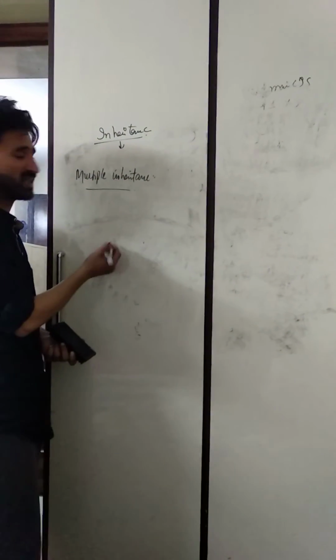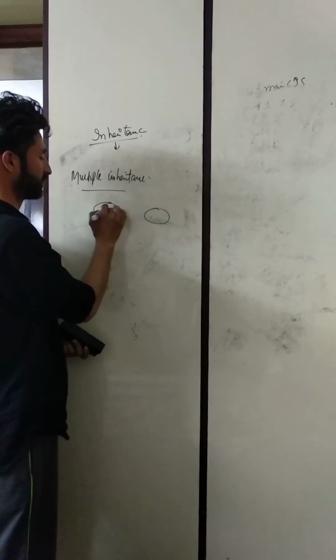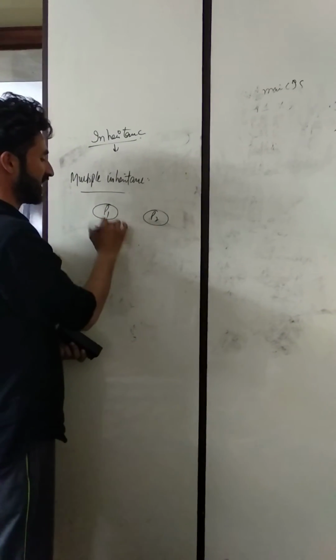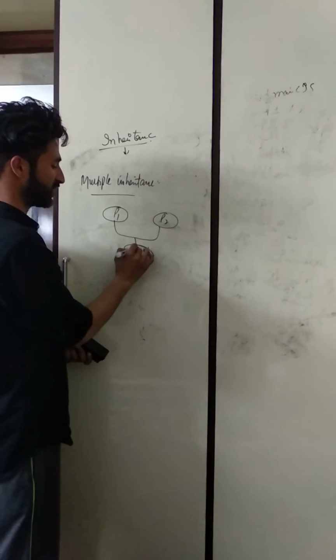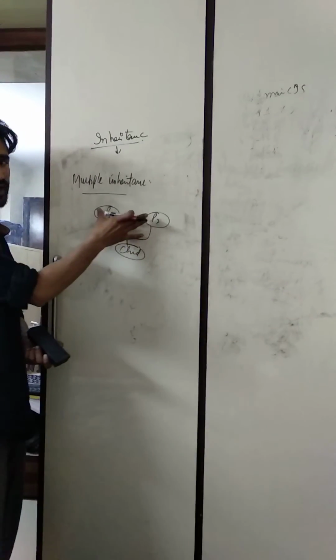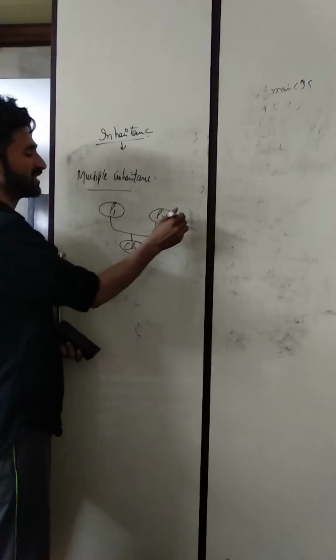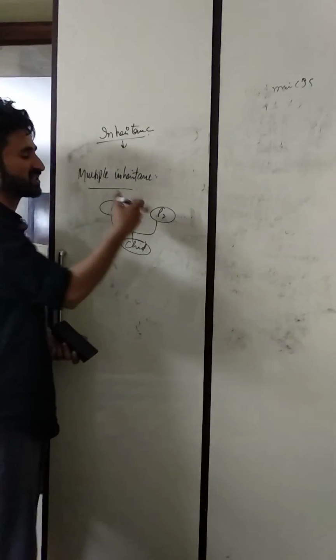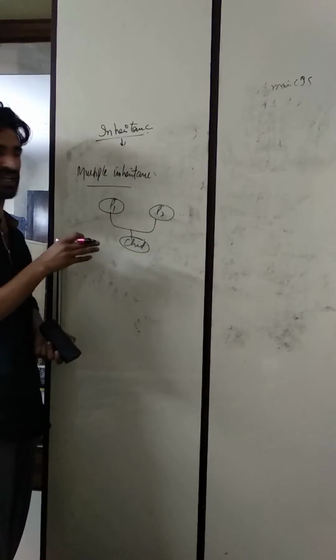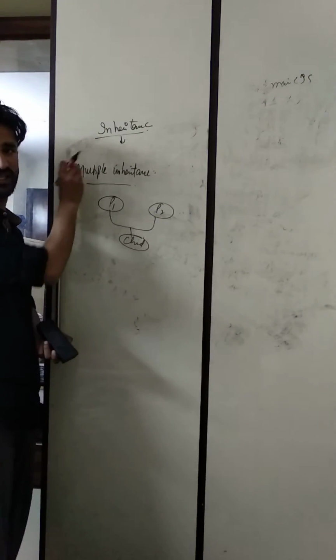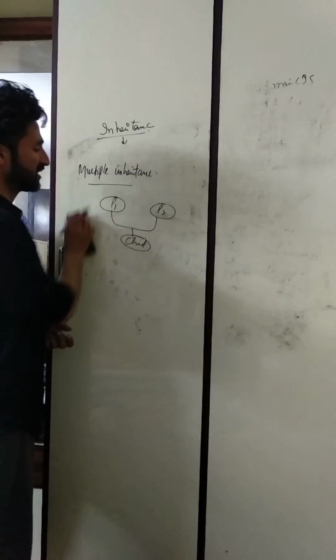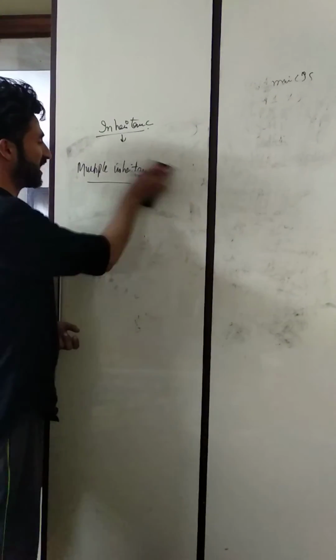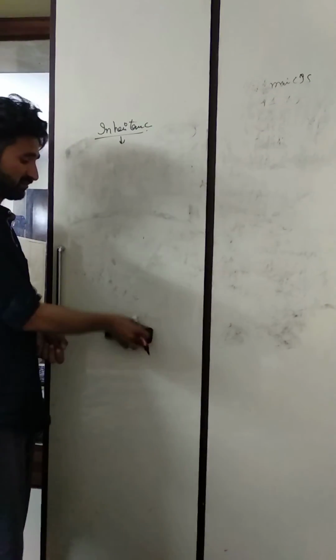Multiple inheritance means when there are two parents, P1, P2, and they have one child. So two parents having one child. Might be there are more than two parents. When parents increase and their child remains only one, that will be called multiple inheritance. So we can perform this multiple inheritance with an example.